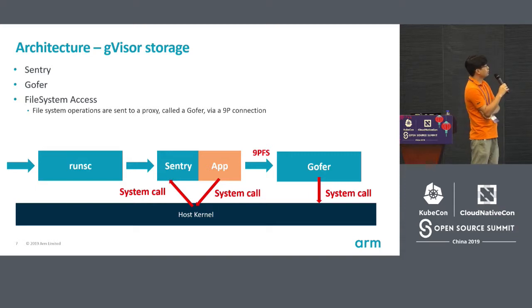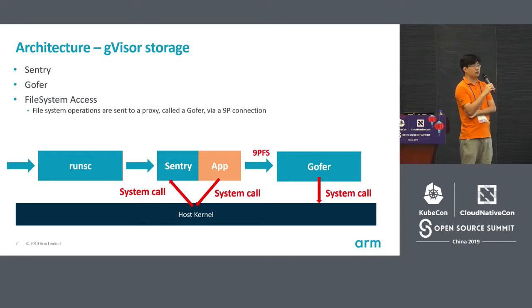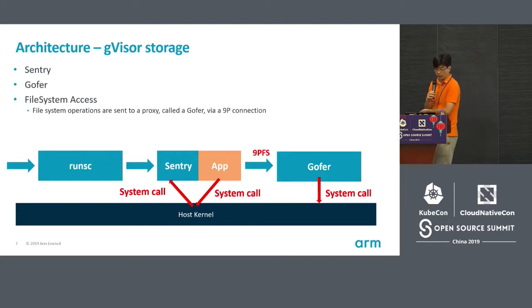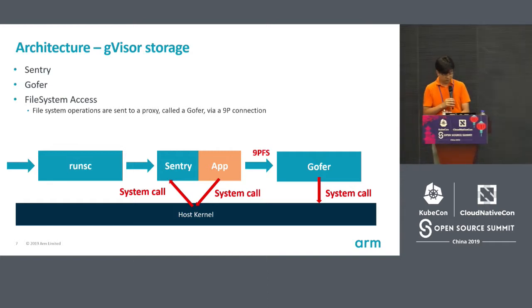So for this, gVisor plays the role of a proxy, and currently it is via a NAMP connection, but we know that actually the NAMP connection has been replaced by NVDIMM. For NAMP, the performance is very low. So we have done some tests. For 1 second, it is about 100 megabytes.